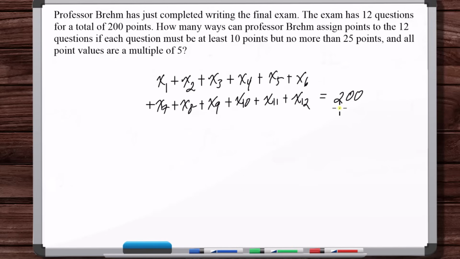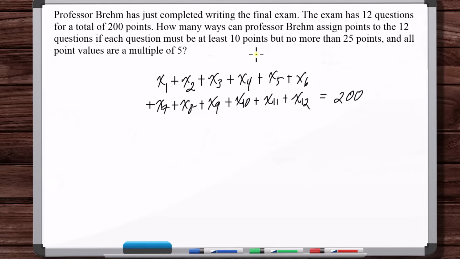And they're all integers, positive integers. This is another way to look at the bins and balls problem because the order of the bins doesn't matter. It's the same bins, right? You could flip the x4 and the x5. It doesn't matter. And you've got all these balls, which are these 200 points you can put in any of the bins. And that's where we use the combinations with repetition.